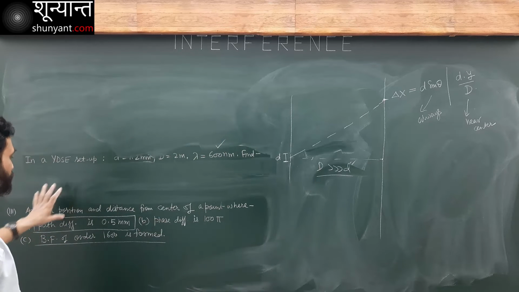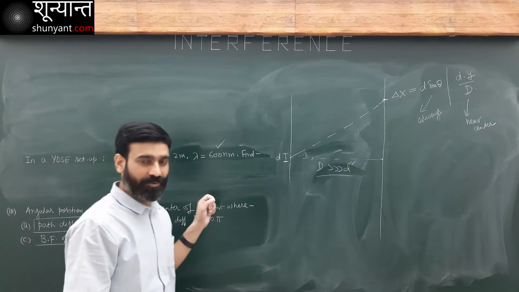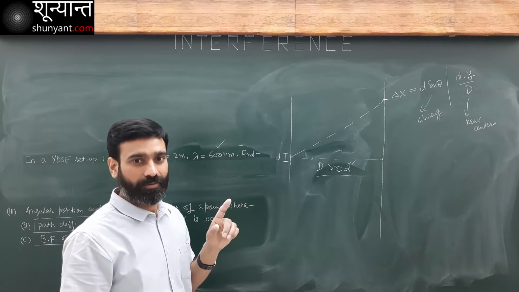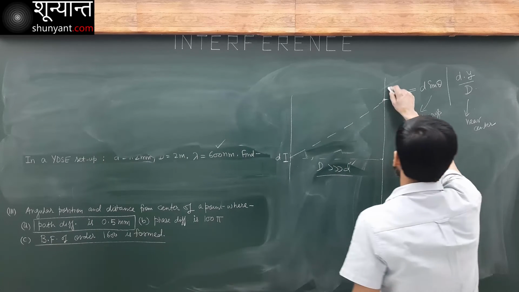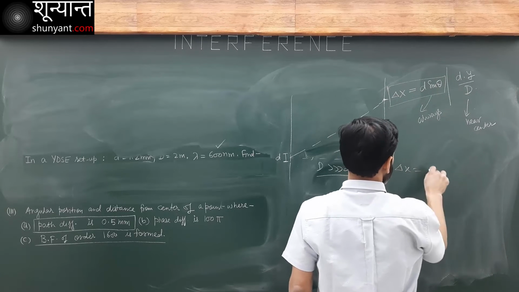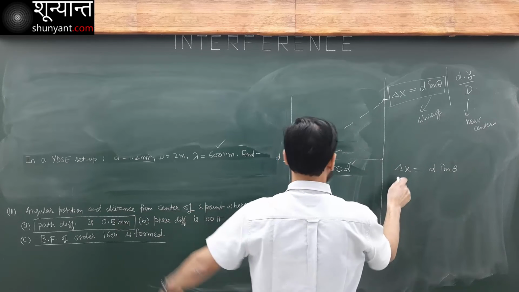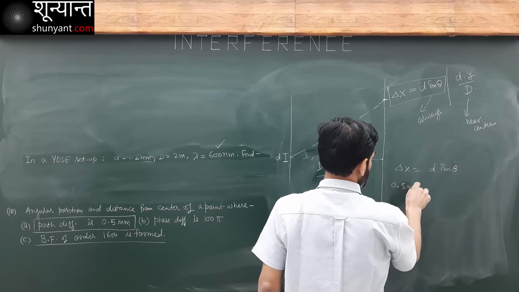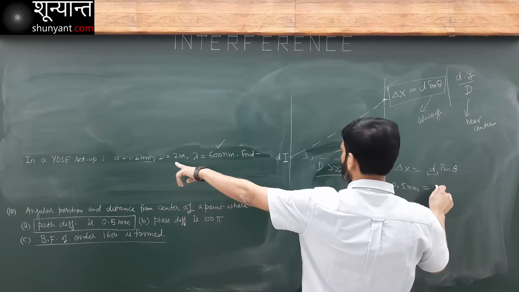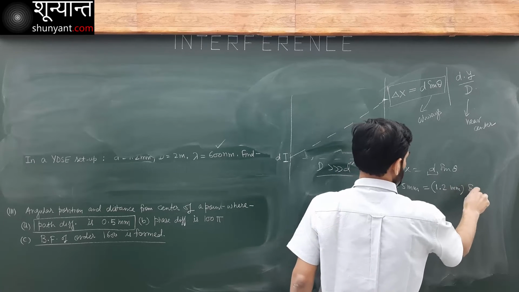Now, the path difference is 0.5 millimeter. How do I decide whether this point is going to be near the center or not? We can do it this way. Apply this formula: delta x is d sin theta. Now this delta x is 0.5 mm, equal to d, which is 1.2 mm, times sin theta.